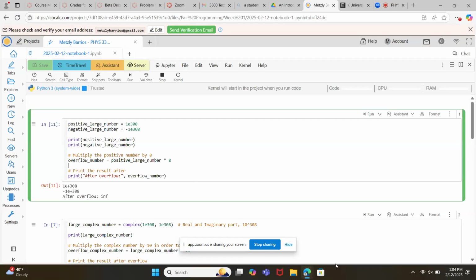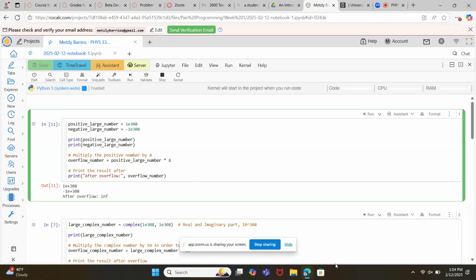Basically, we're looking at the floating point limitation. There is a limit to how large the floating point number can be. So overflow happens when the value is the largest or smallest number.